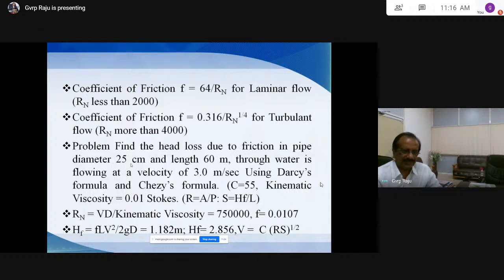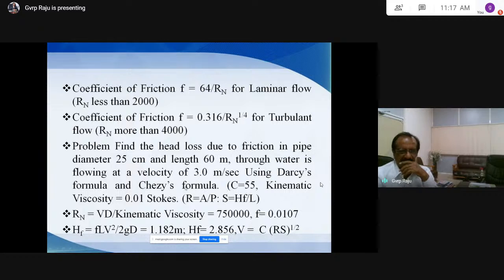Substitute all the values in this Darcy equation, also called the Darcy-Weisbach equation, both are the same. So when you substitute all the values, hf is equal to 1.182 meters.